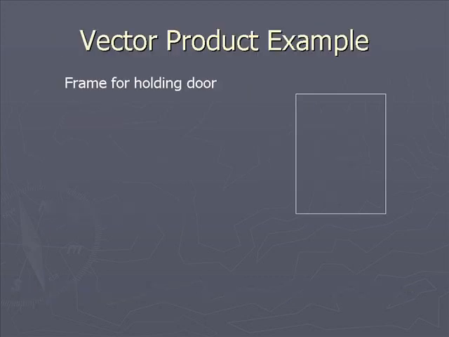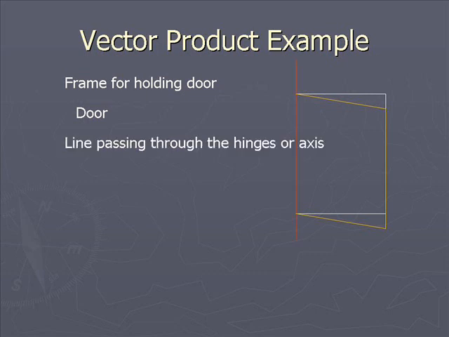Imagine that the white rectangle represents a frame in the wall meant for fitting a door. Suppose the colored parallelogram represents the door. The red line represents the line passing through the hinges. We call it the axis. And the dotted line indicates a force F applied on the door.